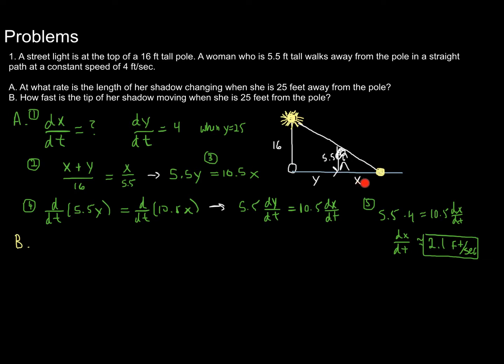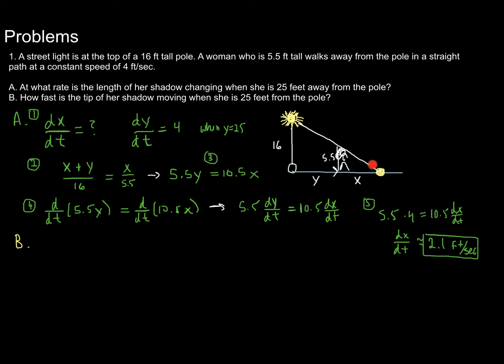Because while the shadow itself is changing, so too is the distance that you're walking away from the light source. So y is increasing, and x is increasing, as we saw.